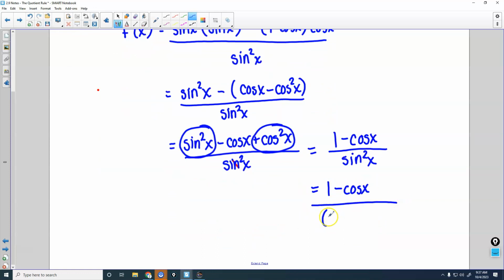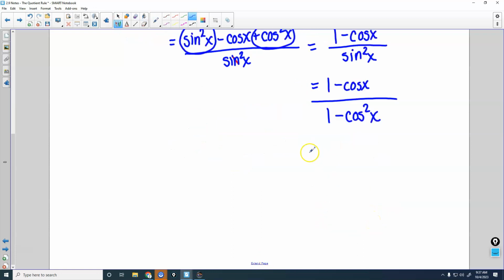Okay. Nope. This is the direction we need to go. Isn't it 1 over cosine x? Nope. I can't cancel that stuff because I've got minus signs in between. Oh. But there's something else I can do. It's in the bottom. I can do something at the bottom.